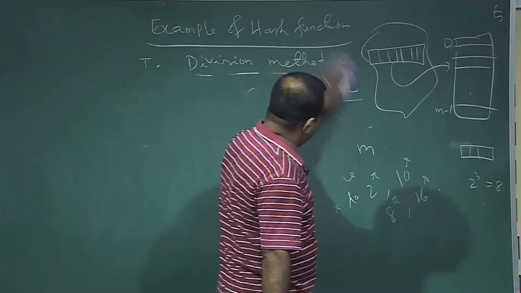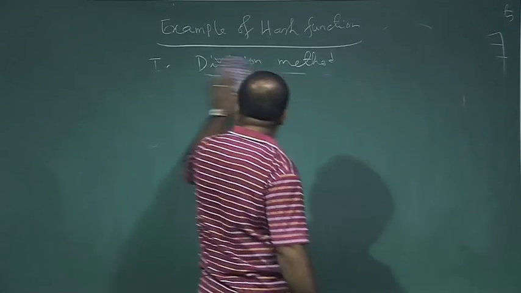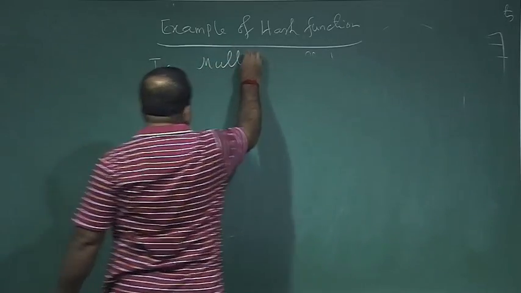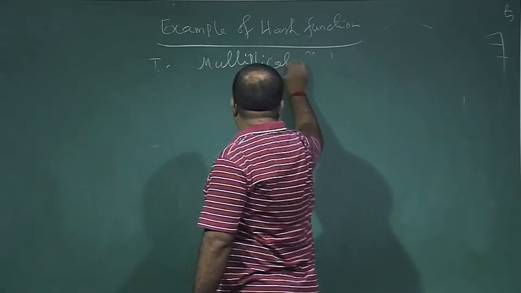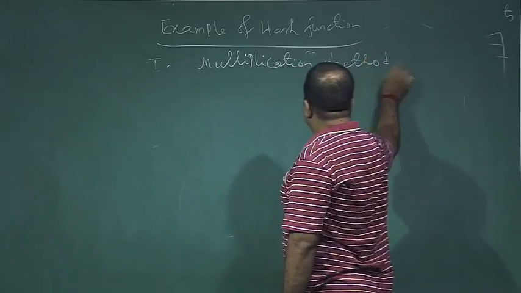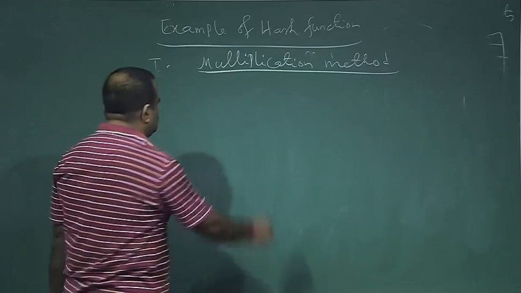This is one example of a hash function. Another example is using the multiplication method. In this case we are allowed to choose m to be 2 to the power r.